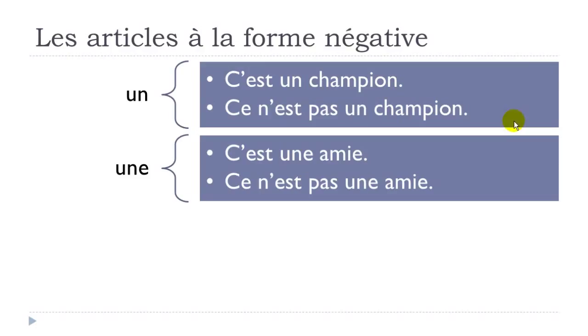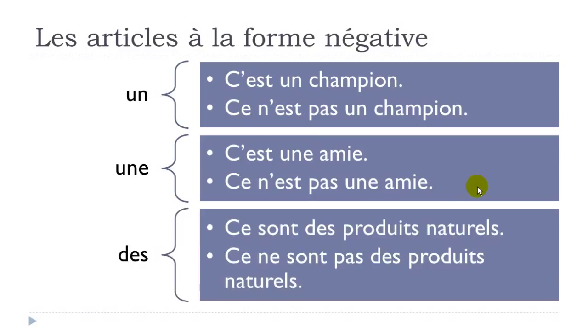Feminine form, c'est une amie. Okay. Negative form, ce n'est pas une amie. Feminine, it's exactly the same rule, so une will stay here. You don't modify it. And for the plural, ce sont des produits naturels. Okay. Produits, products, naturels, natural. Ce ne sont pas des produits naturels.